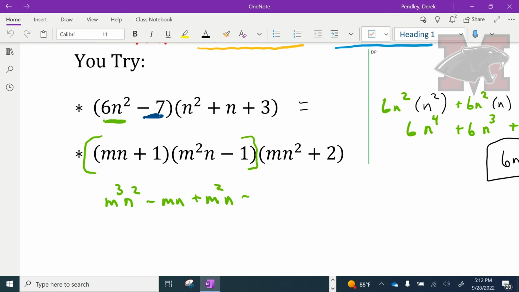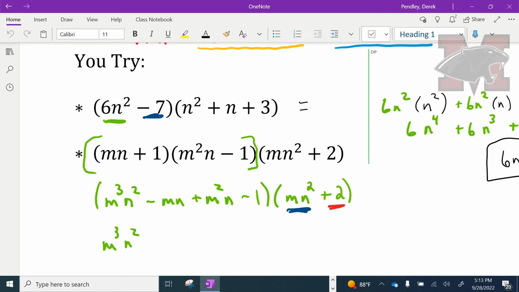Now there are no like terms you can combine here, so you do have to multiply this whole thing by the next one. And what I'm going to do is flip the colors over here so it's easier to see. So I have this m cubed n squared multiplied by mn squared.